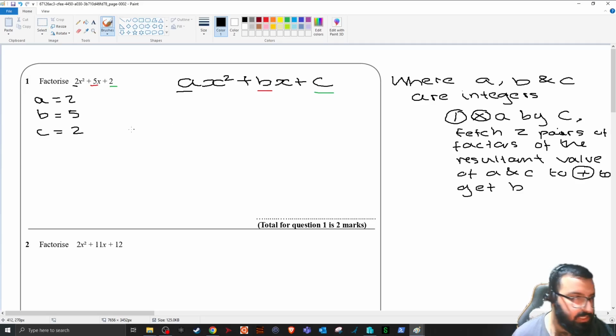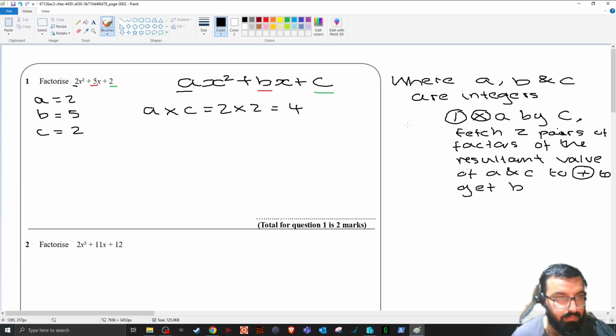Right then, let's do this. The resultant multiplication of a and c is going to be 2 times 2, which equals 4. Now that we've got the resultant value of a times c, which is 4, I need to find 2 factors that multiply to get 4 but add to get 5.